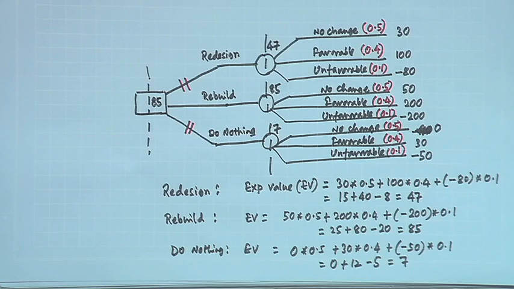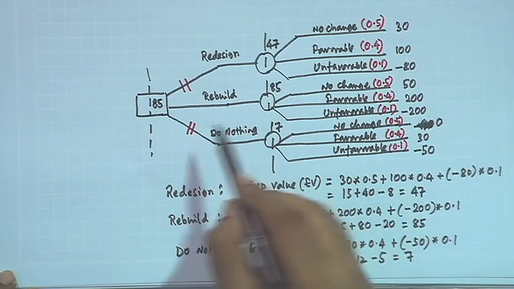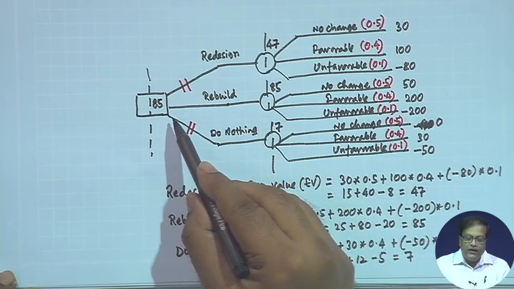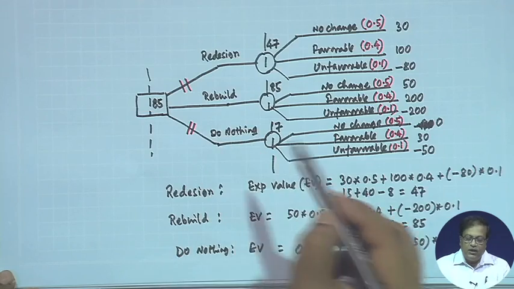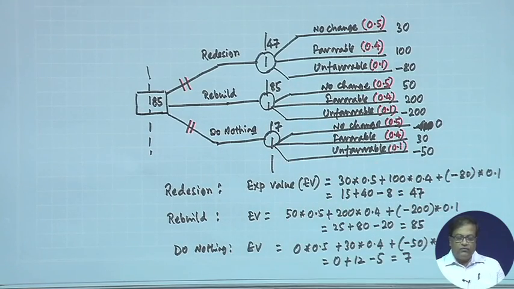So, those options we are removing by crossing, and by looking at this decision tree, one can understand that people would be preferring the rebuild option, because it is giving the maximum payoff.